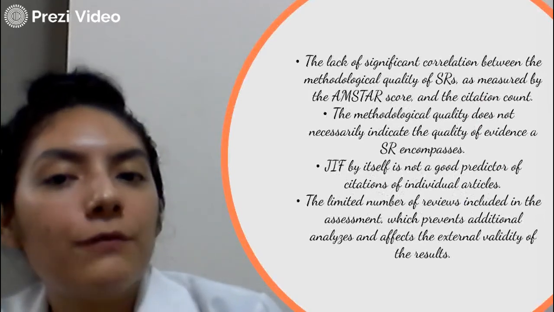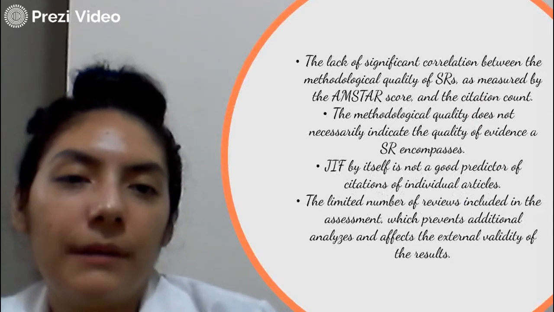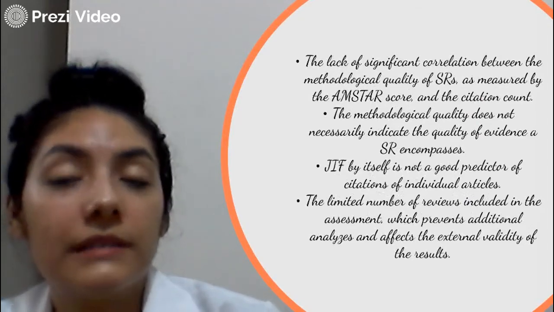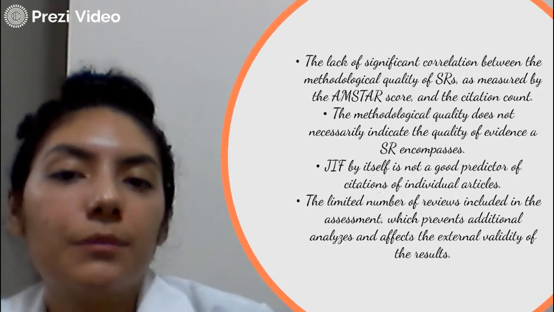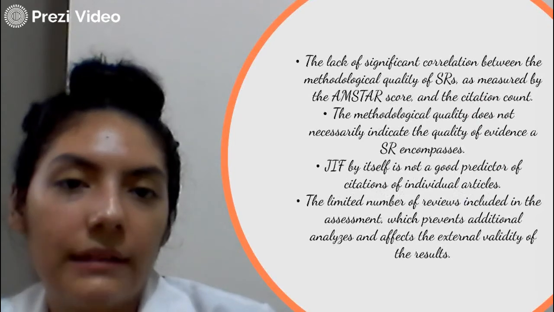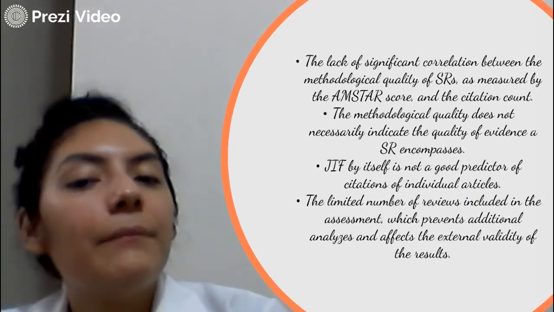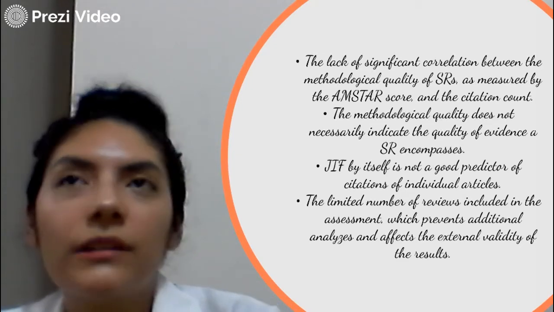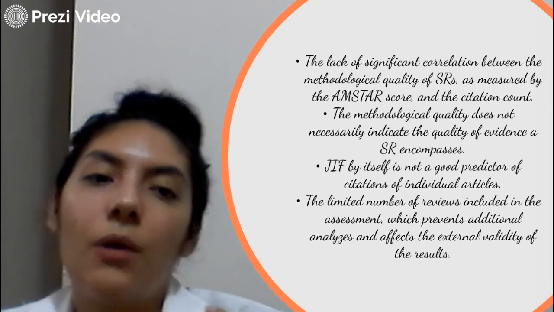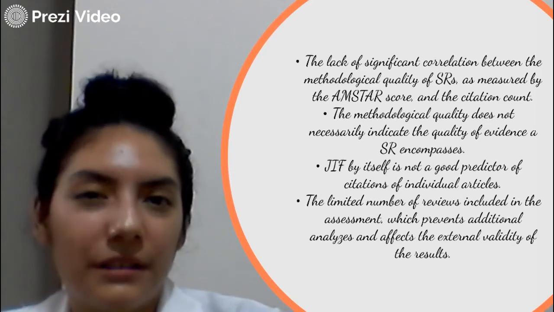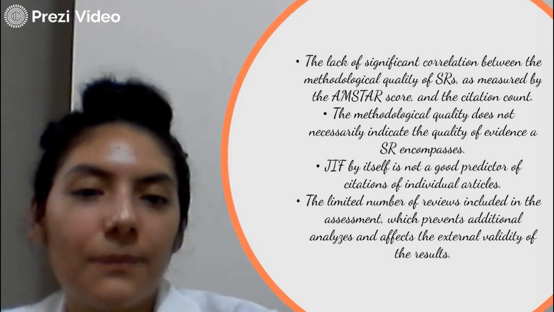First, the lack of significant correlation between the methodological quality of systematic reviews as measured by the MSR score and the citation count. Second, the methodological quality does not necessarily indicate the quality of evidence as systematic reviews encompass.